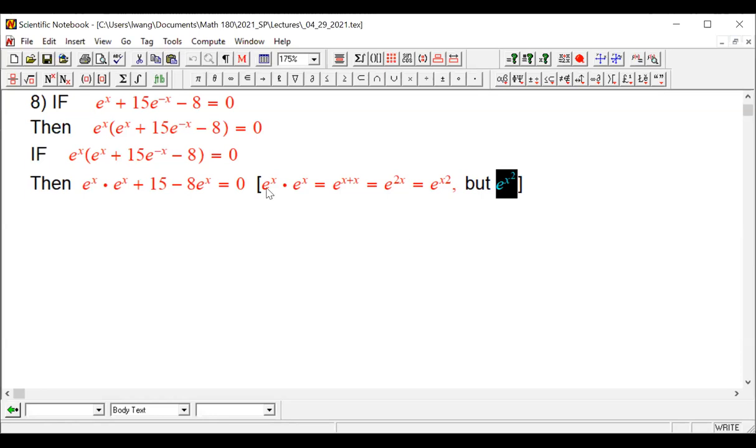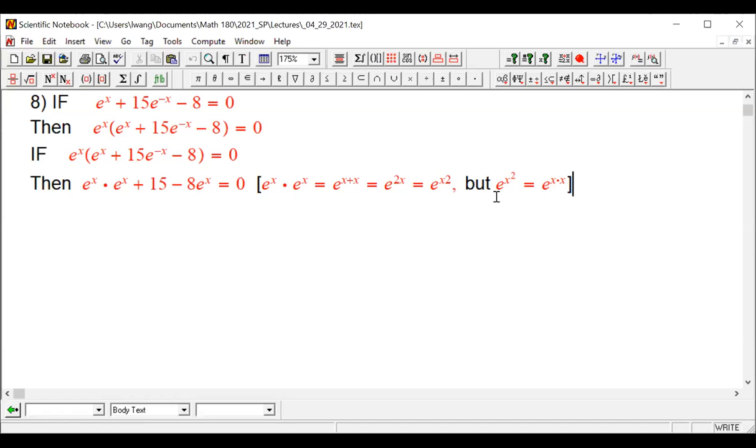How many ways can you write this? Let me show you what this means. This means e to the power of x times x, right? So one is x plus x, and the other one is x times x. How can they be the same? They're not the same.